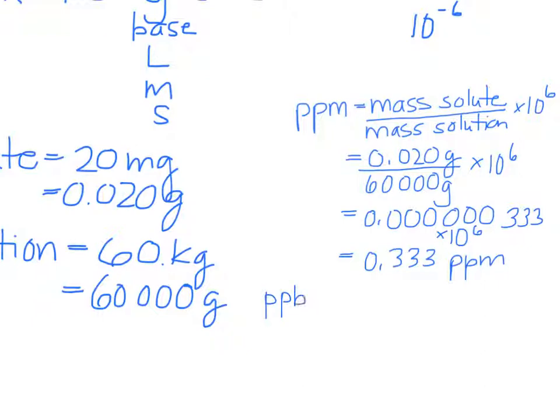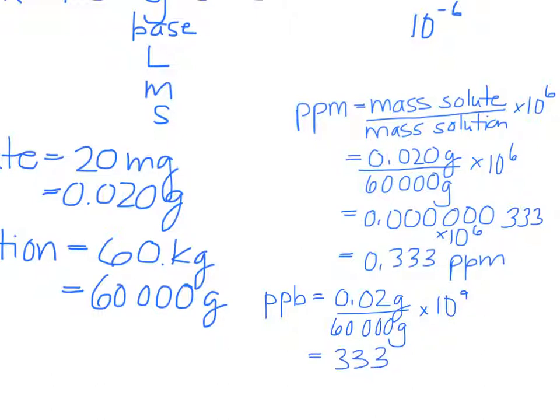Parts per billion would be 0.02 grams over 60,000 grams times 10 to the 9, and that will give you 333 parts per billion.